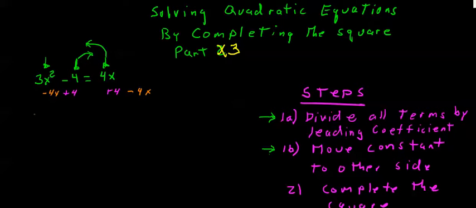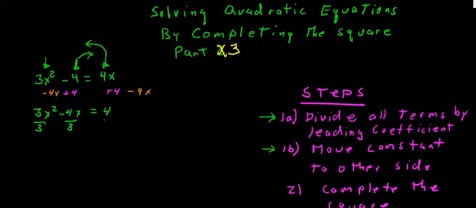That's going to give me 3x squared minus 4x equals 4.